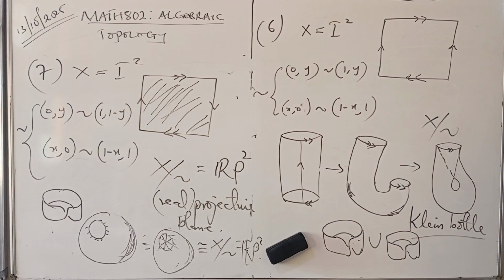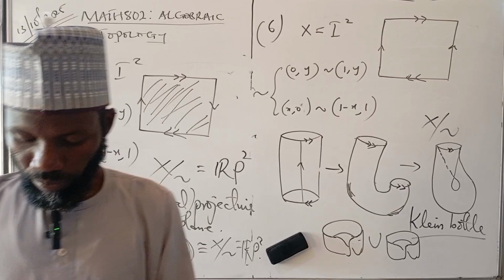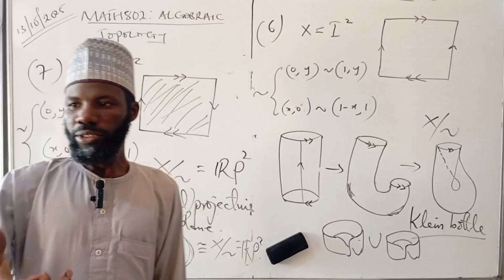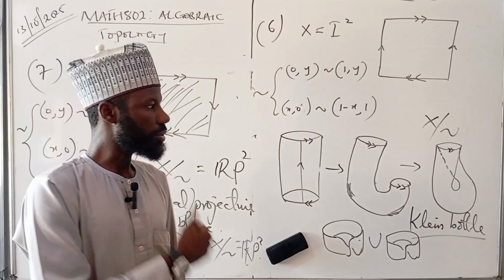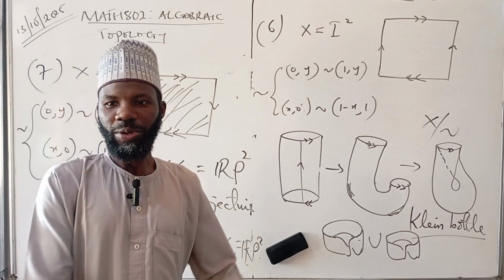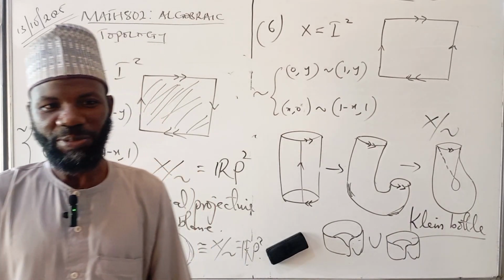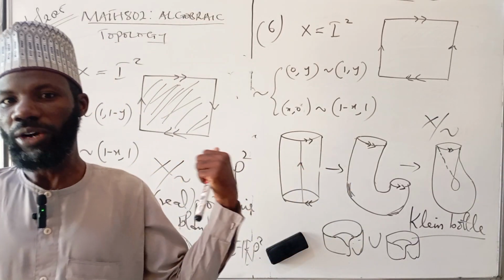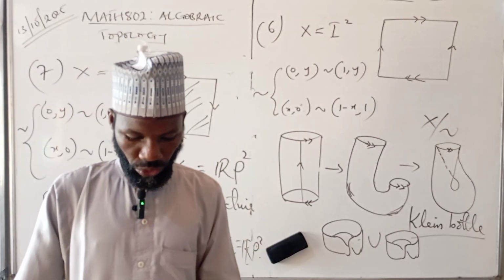So what I have mentioned today is two things. That is disjoint union, and then we talked about quotient spaces. And we have seen so many examples of topological spaces that are quotient spaces, and all of these are also manifolds. I hope it's okay.